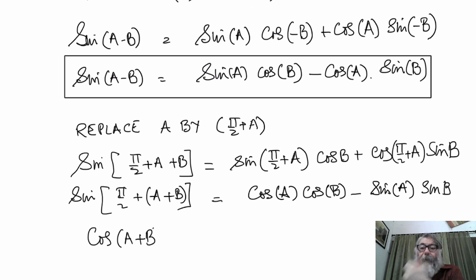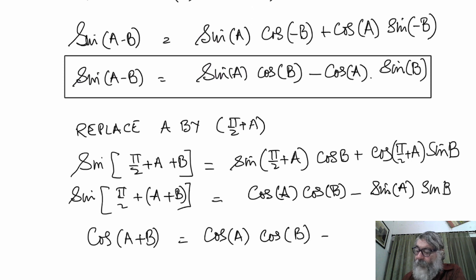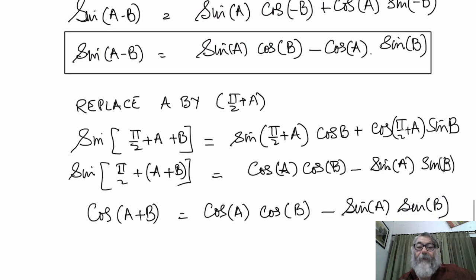So cos A plus B becomes what? Cos A cos B minus sin A sin B. The formula for cos A plus B, when cos will come, you see the combination are cos cos sin sin.